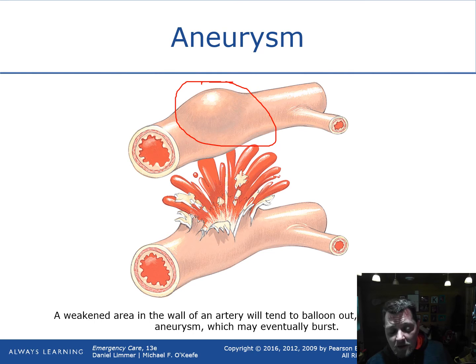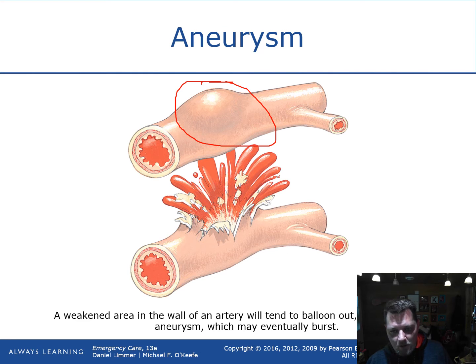You can have an AAA, an abdominal aortic aneurysm, and remember, that's the aorta that runs through the middle of the abdomen, and it feeds all the blood supply off to the tissues around it, the organs, everything like that.